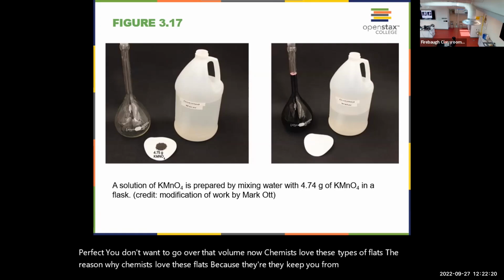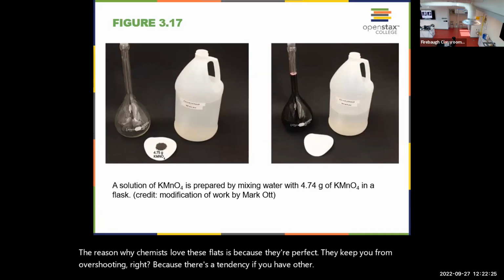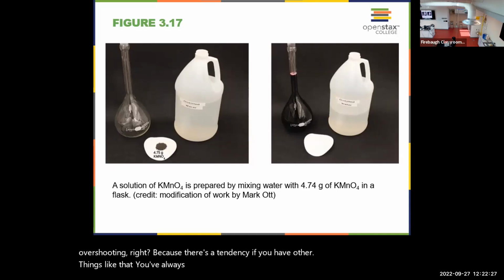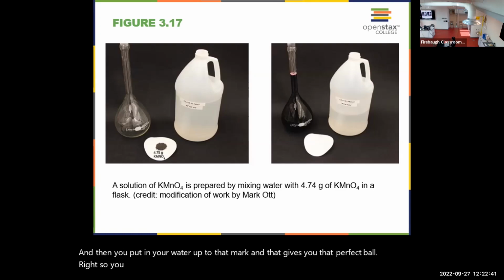There's a tendency to overshoot rather than going exactly to that volume. So the first thing that you always do is put in your salt, and then you put in your water up to that mark, and that gives you that perfect volume. Okay, so you notice this is a gradient.